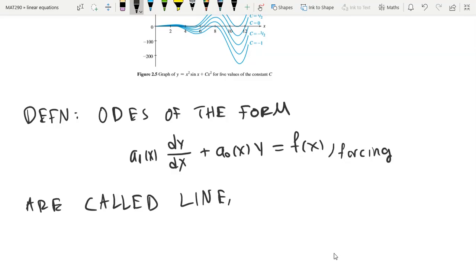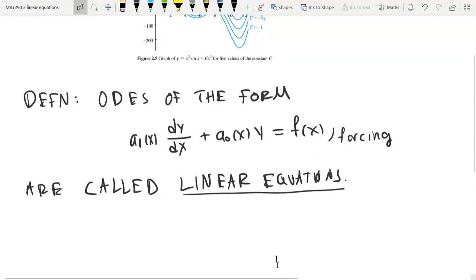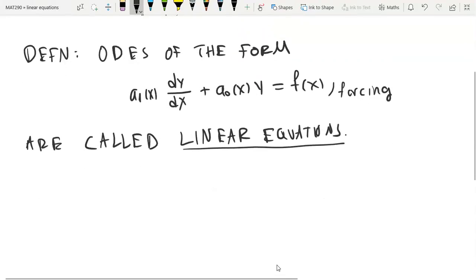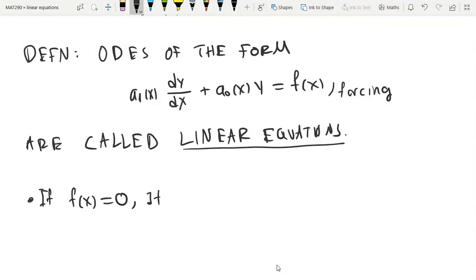Let's look at some cases. If the forcing is zero, it's called a homogeneous linear equation.